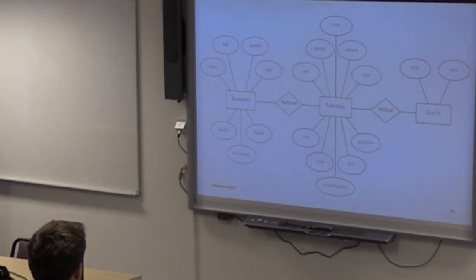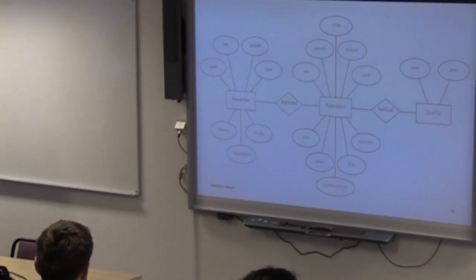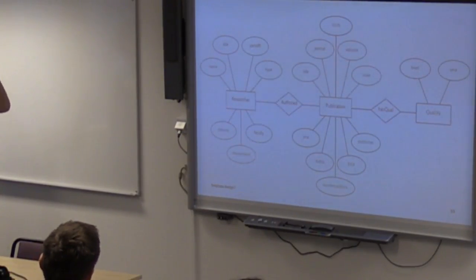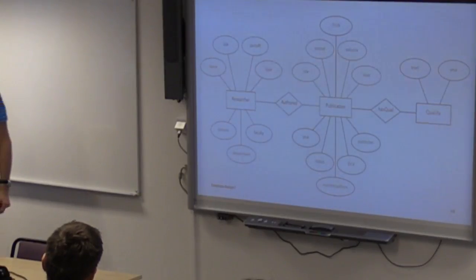So the first one didn't really solve it, so we are adding the year. So suddenly we can have one publication and we can have the relationship to the quality where we store the level and the year. So each new year we are adding a new entity, sorry, a new instance of that quality entity.